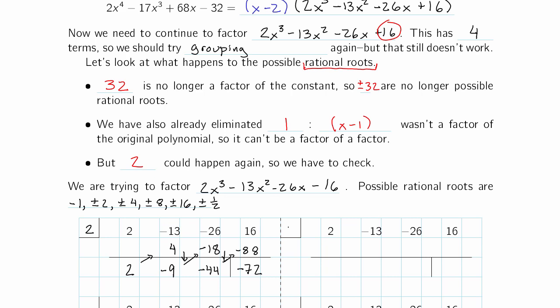Maybe let's try 4 next. Drop down the 2. 2 times 4 is 8. Negative 13 plus 8 is negative 5. Times 4 is negative 20. Oh, this is still going to be no good. So that's negative 46. Times 4 is not negative 16.